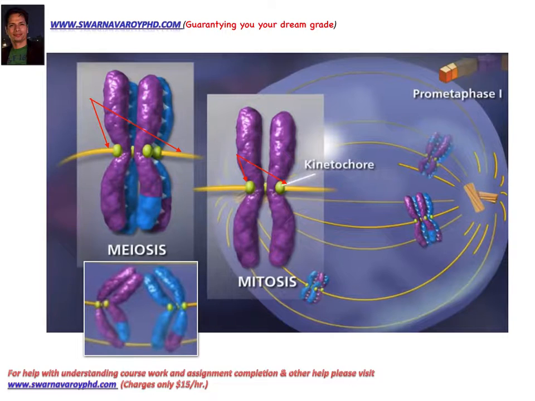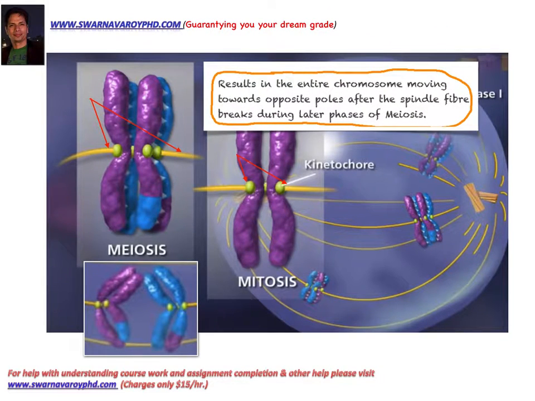That is the reason we have a reduction of the chromosome number, because the entire chromosome is moving towards opposite poles after the spindle fiber breaks during the later phase of meiosis.